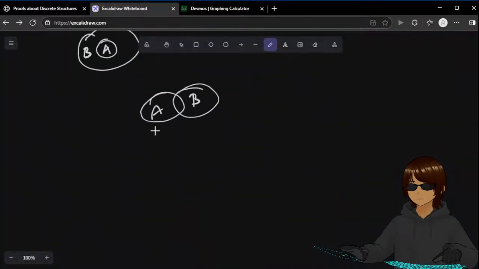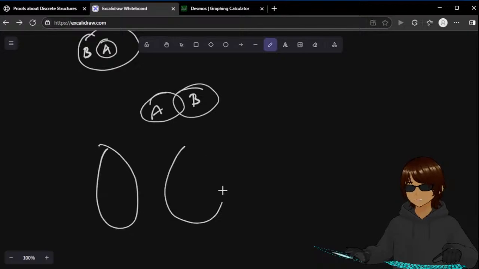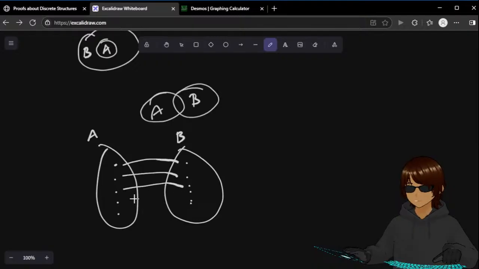So we have the domain and the range, A and B. A function would assign this to this, assign this to one of the elements. It could be the same element as well.